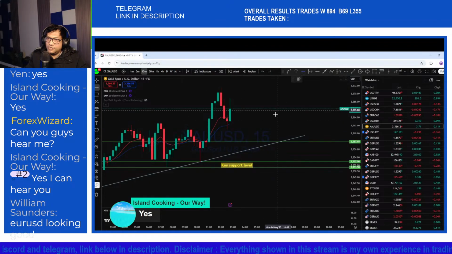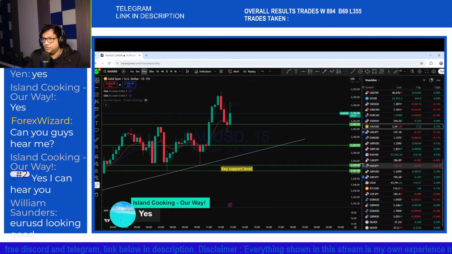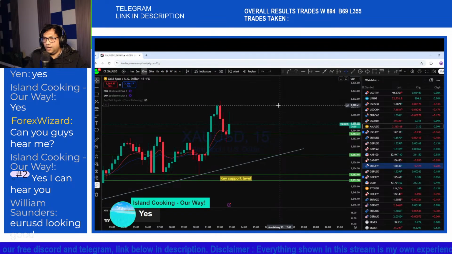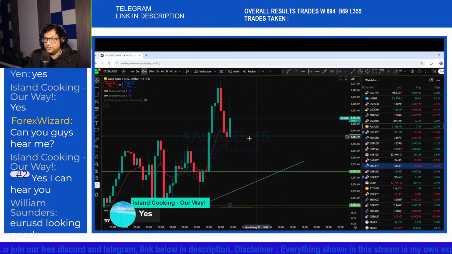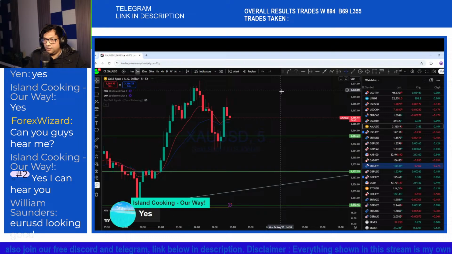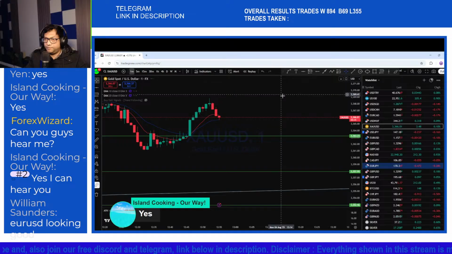Currently it created a support here, which is the lower time frame support on the 15 minutes, and we are looking to see if this market breaks back below again and then rejects back in the direction of the trend.